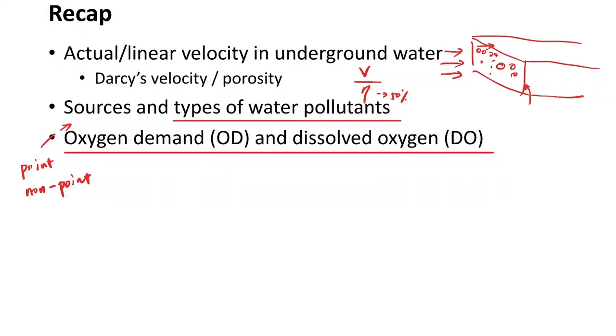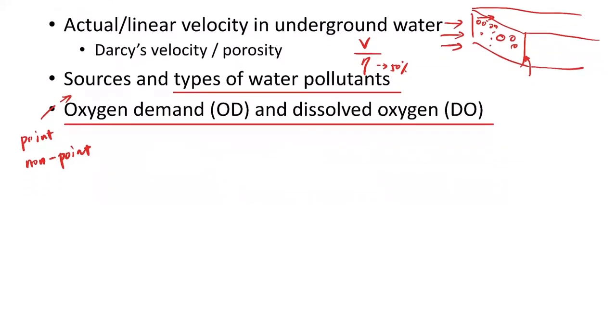So because of that, we need to discuss what is the oxygen demand and what is the dissolved oxygen, right? The oxygen demand, you can treat it as the required oxygen, the demand for oxygen to oxidize those organics. So you can treat it as a reactant. It requires a certain amount of oxygen.